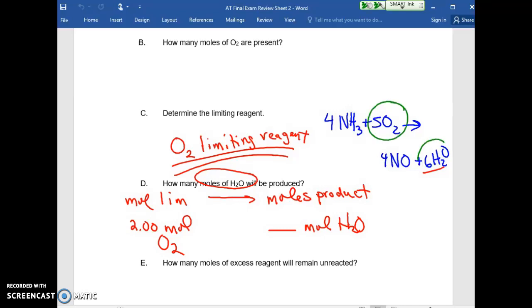So I make a conversion factor. There are 6 H2Os for every 5 O2s. Let's do the math. Bang, right? There it is. They're going to be amazed. 2.4 moles of H2O were produced.